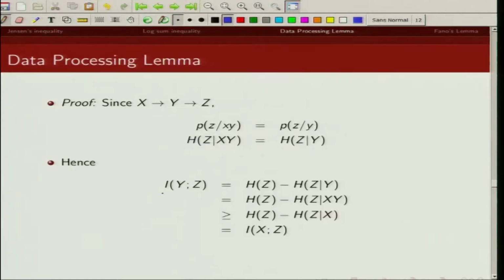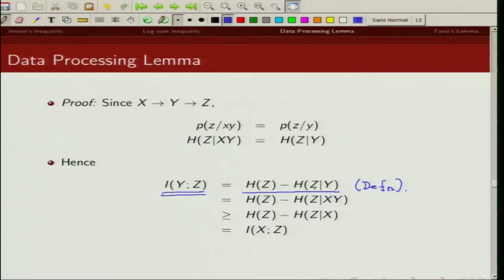So let us write down the mutual information between y and z. Now following the definition of mutual information, this follows from the definition. So mutual information I can write as h of z minus h of z given y.